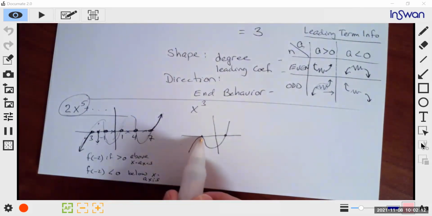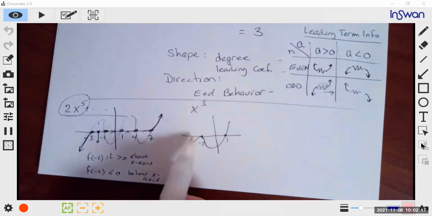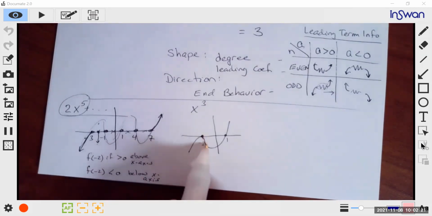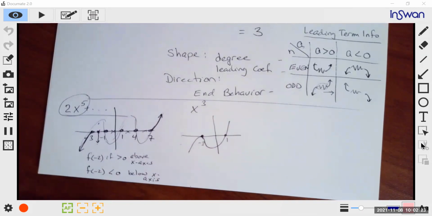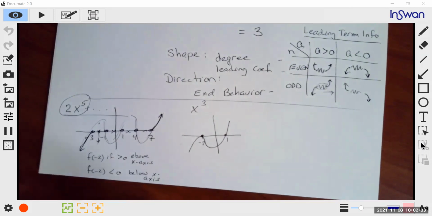But why does it bounce? Let's say it's -3 and that's 1. Why does it just bounce there? Why does it touch it and bounce back down? It touches the x-axis, but what makes it just touch the x-axis?